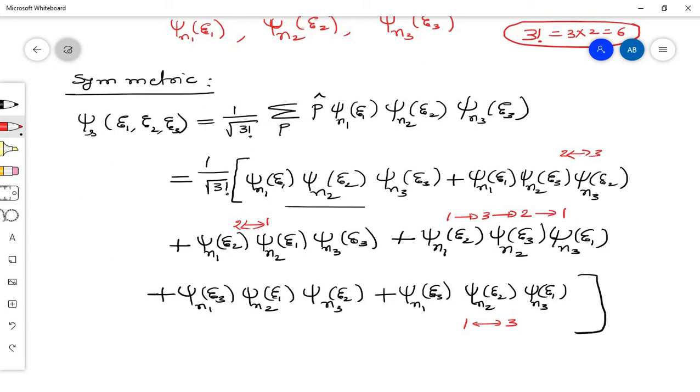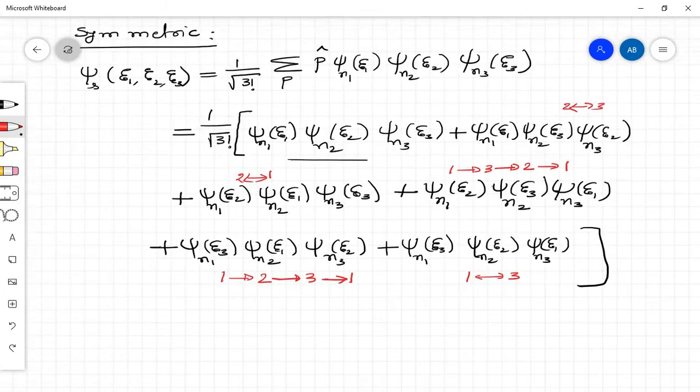Now come here. 1 goes to 2, 2 goes to 3, 3 goes to 1. This is the permutation here. Okay. So now interchange any two and check whether it is a symmetric function or not. You can check yourself. It will be a symmetric function.